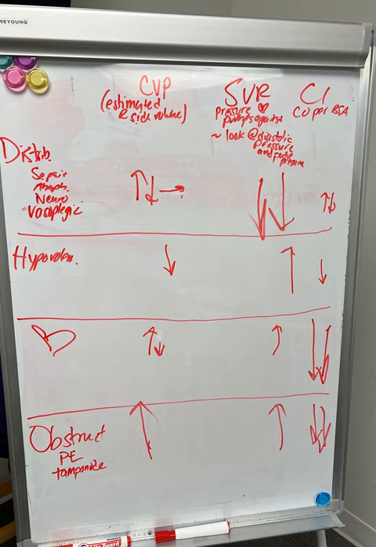So what cardiac index does is it normalizes for body habitus. A cardiac output of 5 in you will be different than a cardiac output of 5 in me, or in him, or in her.